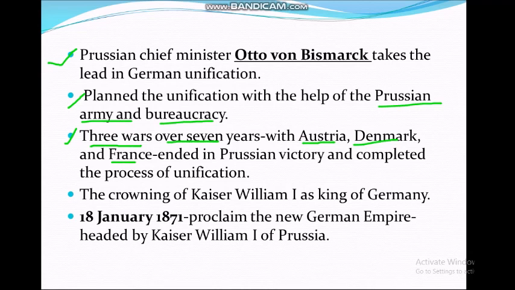Along with these powers, Prussia fought the wars, and these 3 wars ended in Prussian victory. This victory completed the process of unification. Through this victory, Prussia became the largest, dominating power, and in this way the unification of Germany was completed.